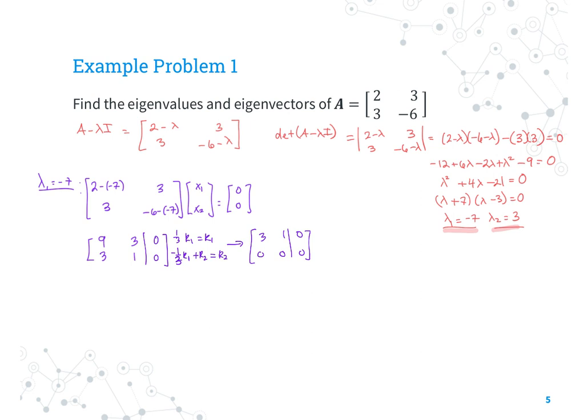So in this case then, this would translate to 3x1 plus x2 equals 0, or x2 equals negative 3x1.